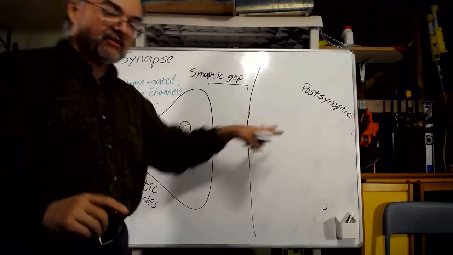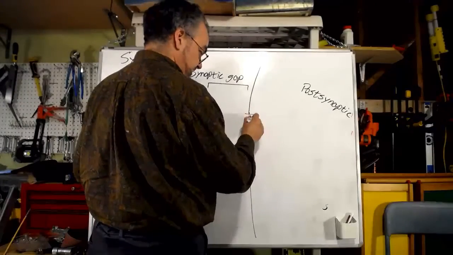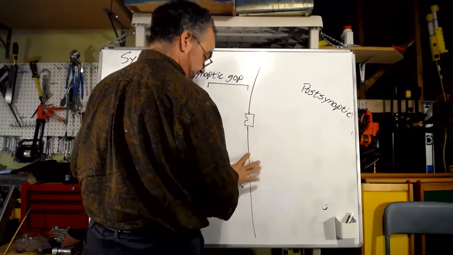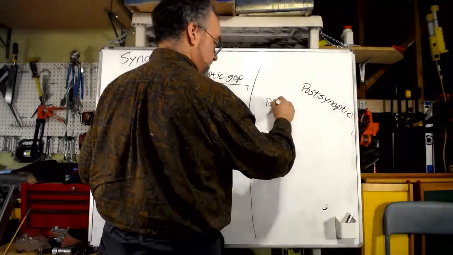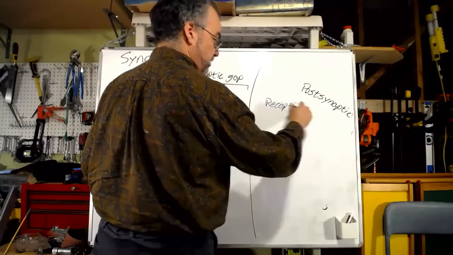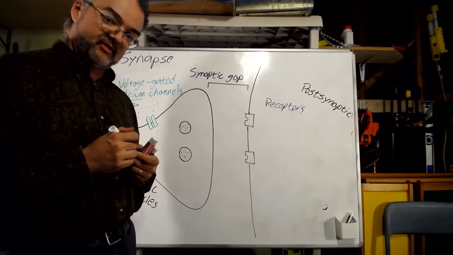All right, over here on the postsynaptic cell, we're going to have some kind of receptor. Some kind of membrane protein that will allow this cell to respond to those neurotransmitters.